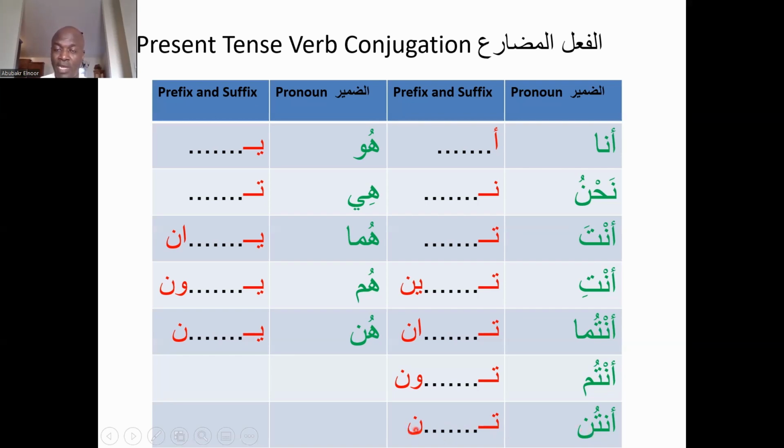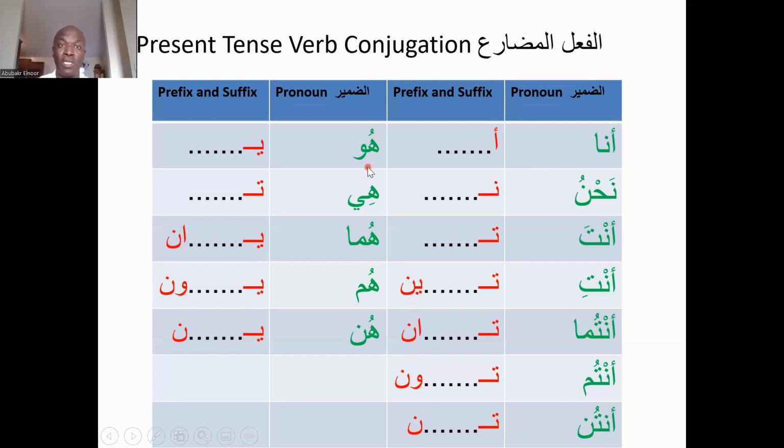You carry the noon here. As you can see, for the first person it is alif and noon, and then ta as the prefix all across the second person. And then you add ya noon, alif noon, waw noon, noon. So the noon is always here; it is permanent in these suffixes.